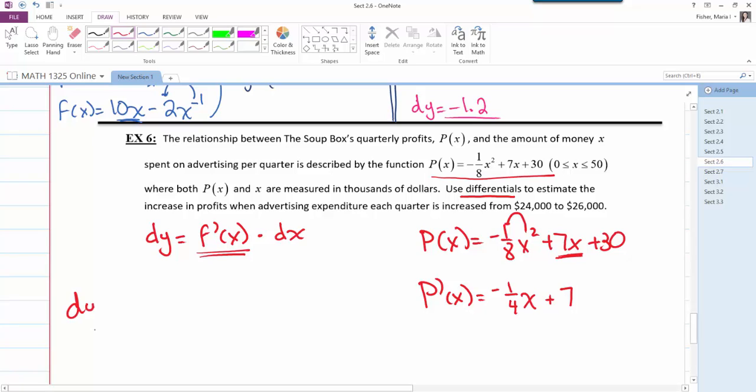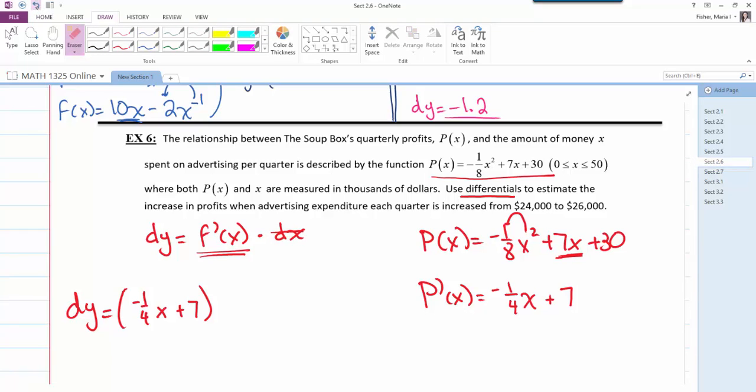Great, so I have dy is equal to negative 1/4 x plus 7, but I need to figure out what my change in x is. So what is the change in x? Well, the change in x is the difference from going from $24,000 in spending for advertising to $26,000. Now remember, this is measured in thousands of dollars, so really we're going from 24 to 26.